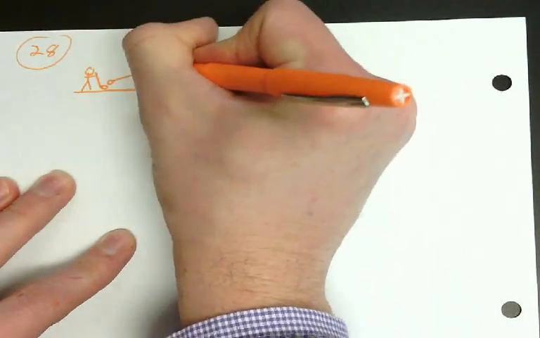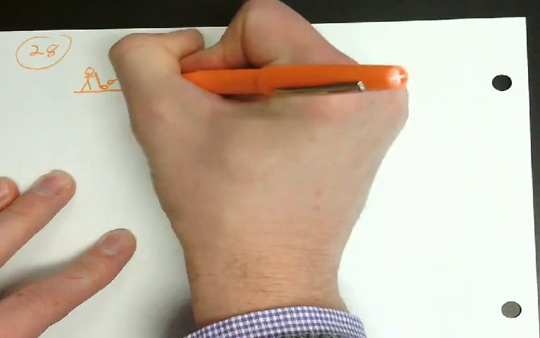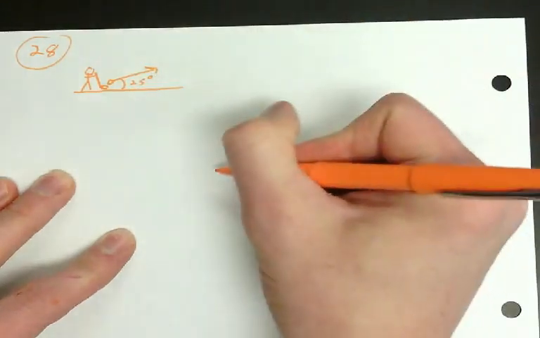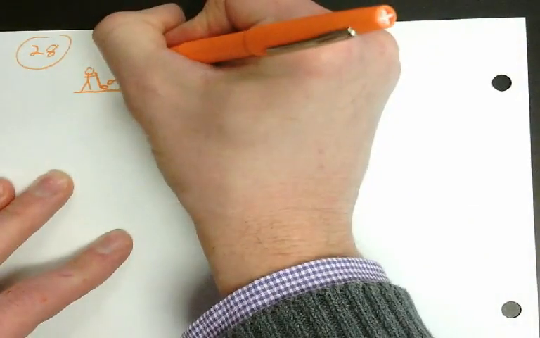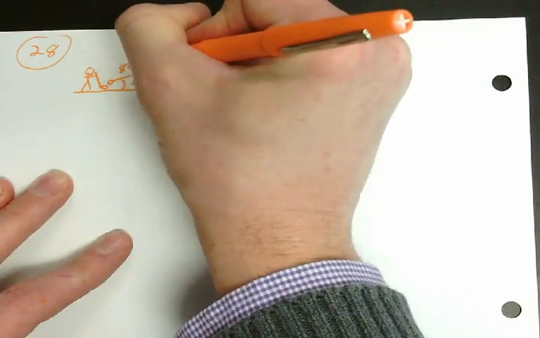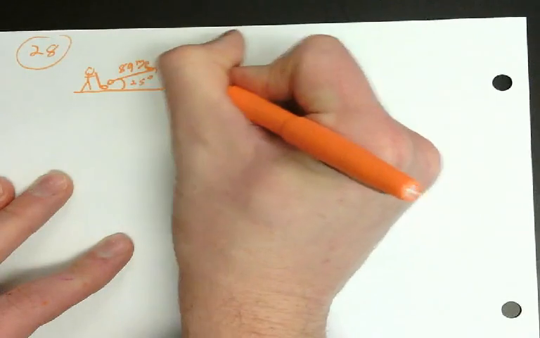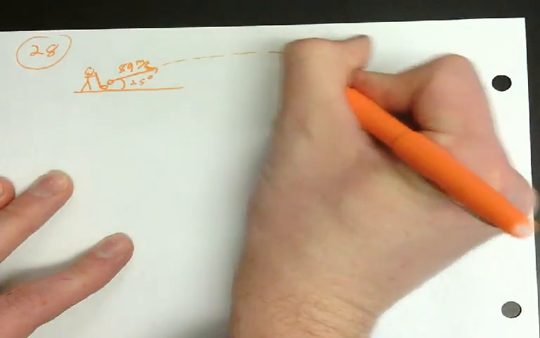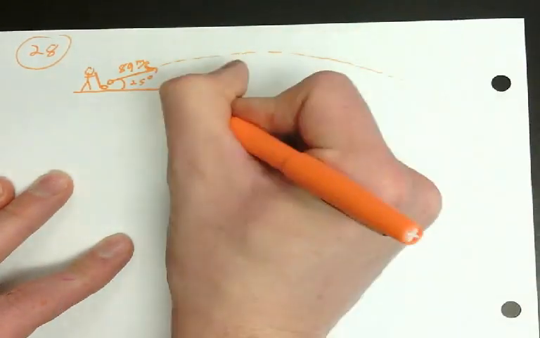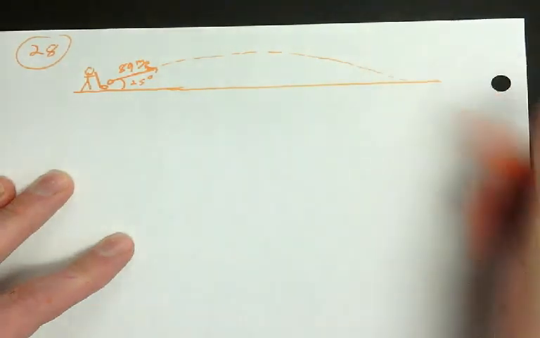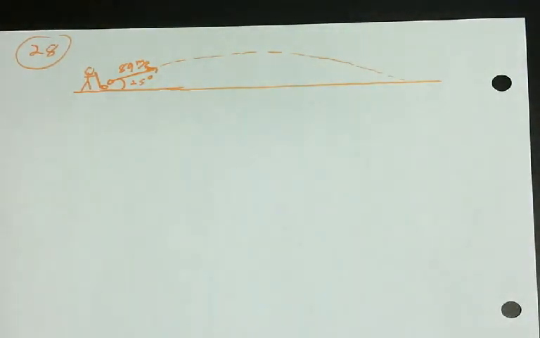Okay, so 25-degree angle. Resultant velocity of 89. It's going to travel a curved path. So that's what the diagram looks like. Something like that.